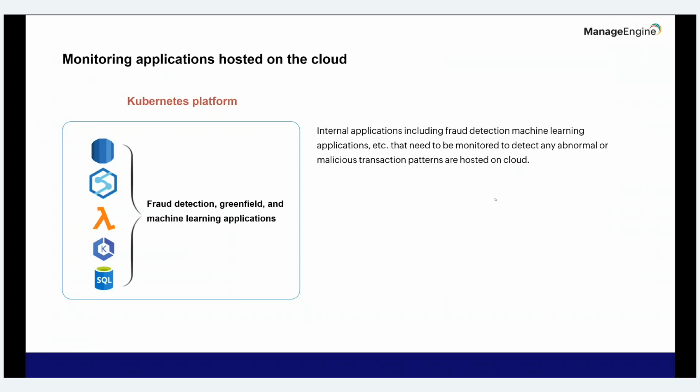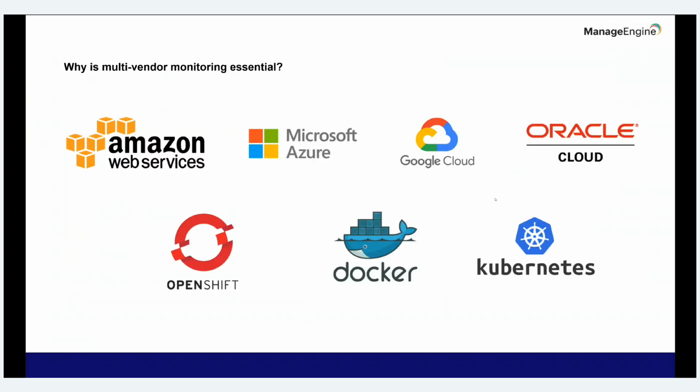So with the help of OpManager Plus, we'll be able to support multi-cloud architecture where we support your Amazon services, Microsoft Azure, Google Cloud, Oracle Cloud, OpenShift, Docker, and Kubernetes. How are we going to monitor these cloud providers? Do we need an agent? Not at all. So we use REST APIs.